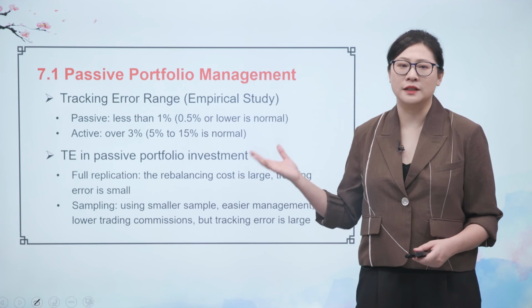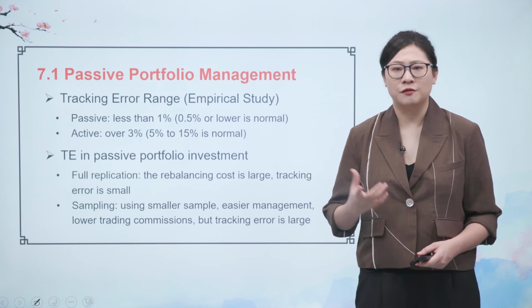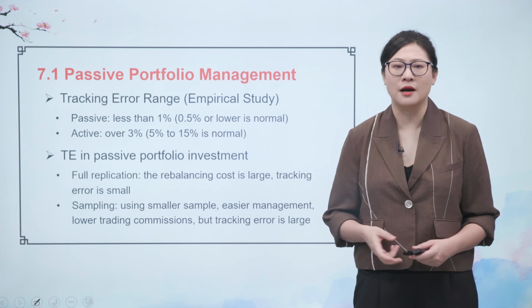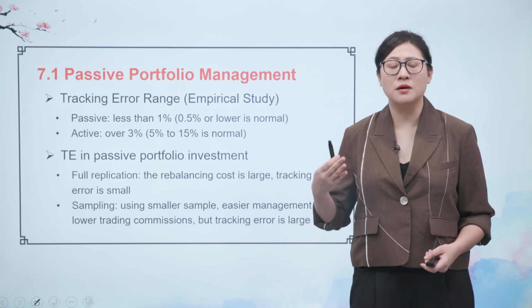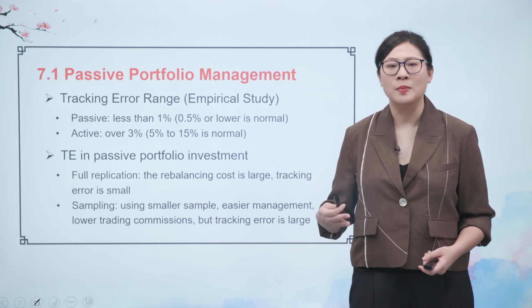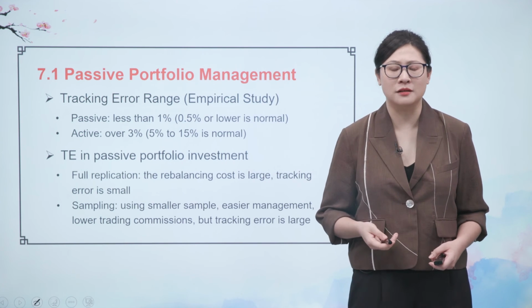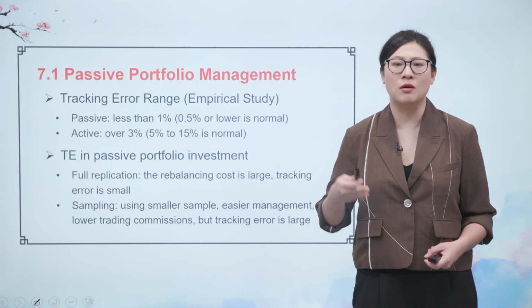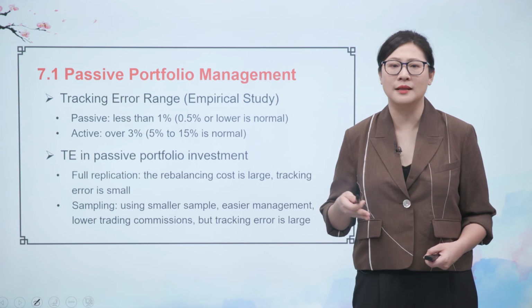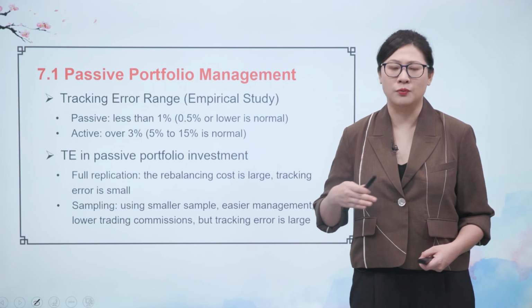Now let's have a look at this tracking error range. From the previous empirical study, we find that for most passive portfolios, the tracking error is less than 1%. Sometimes it's less than 0.5% or lower than this normal rate.